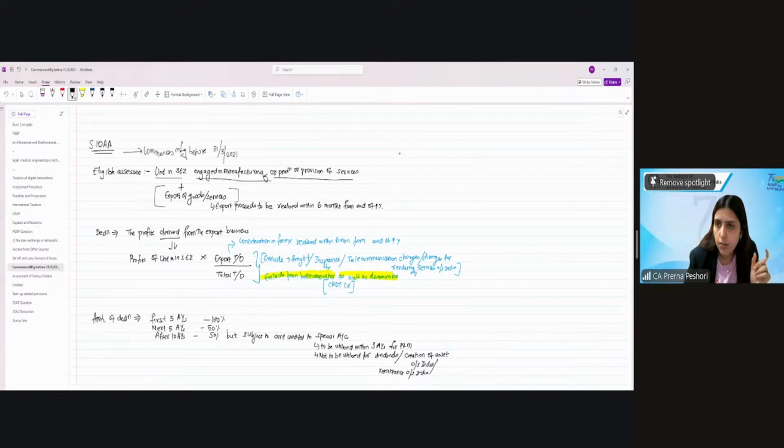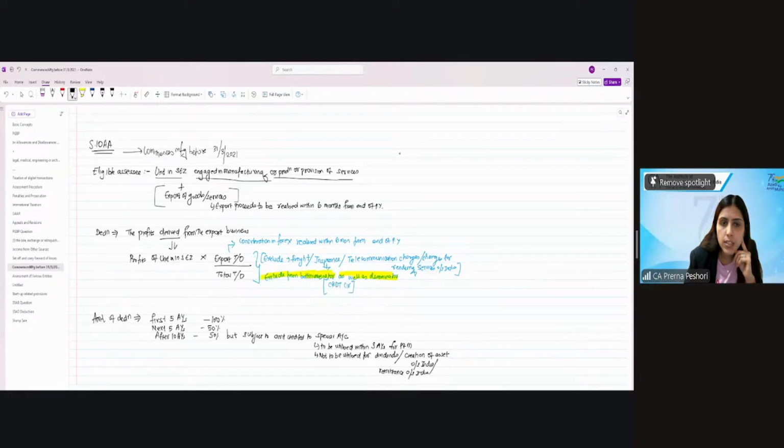It has to be at the arm's length price, right? Secondly, in case there has been an amalgamation of a company which was claiming the 10AA deduction, the amalgamated company will be eligible to claim for the remaining period. Any questions, any doubt so far? Fine?